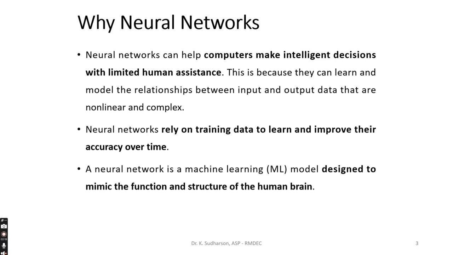It also relies on training data to learn and improve the accuracy over time. It is obviously a machine learning model designed to mimic the human brain. As you all know, our human brain learns the features from the environment and we store them in the brain.